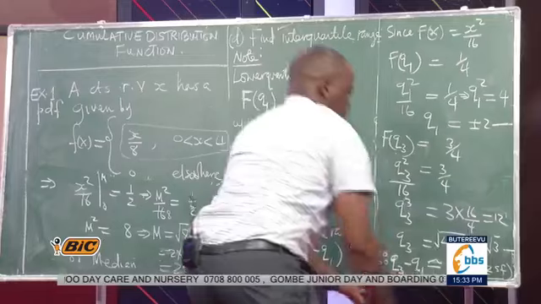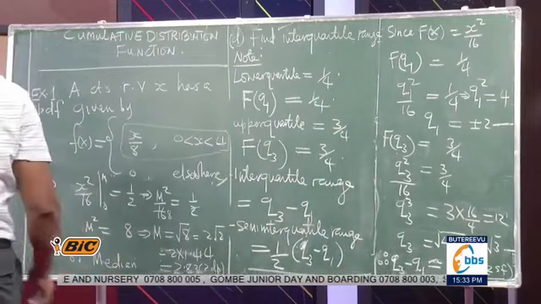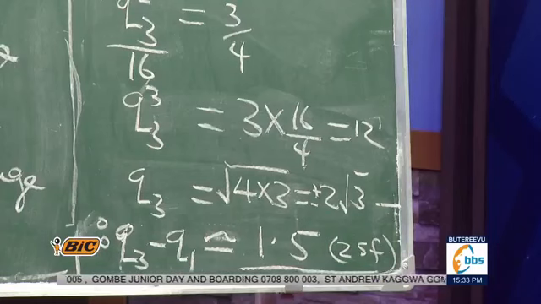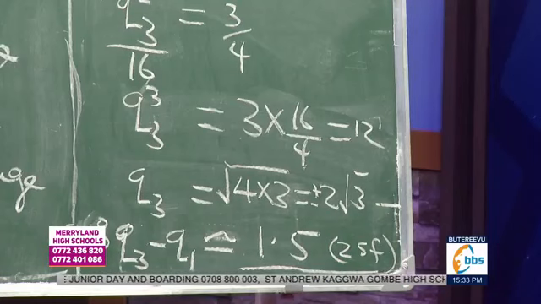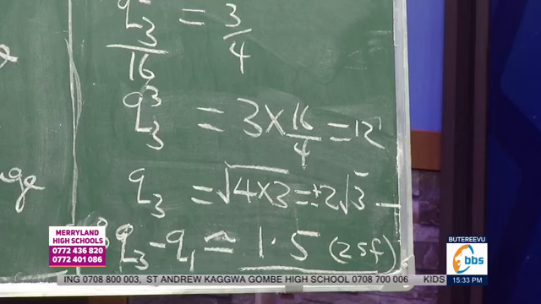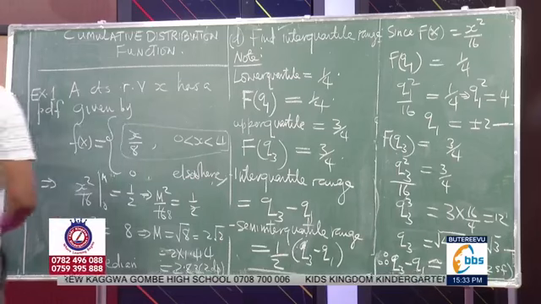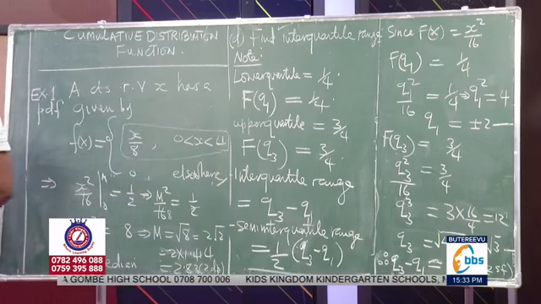If we round it off, we should be able to get that as our answer. And like I said, if they wanted the semi-interquartile range, we would simply divide that by 2.